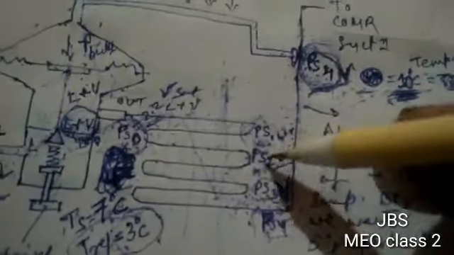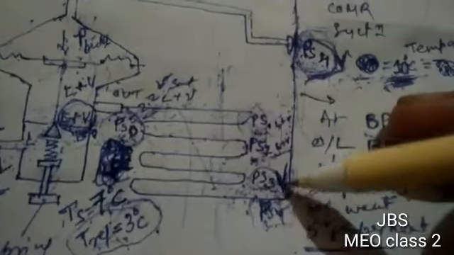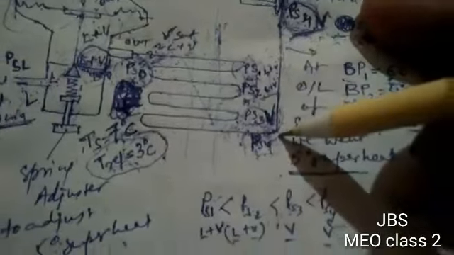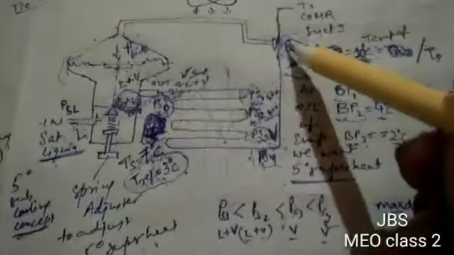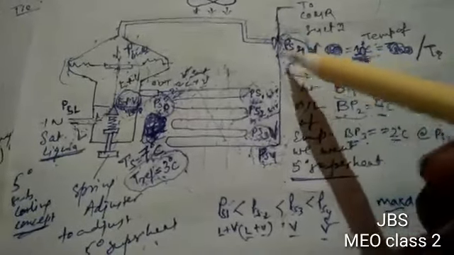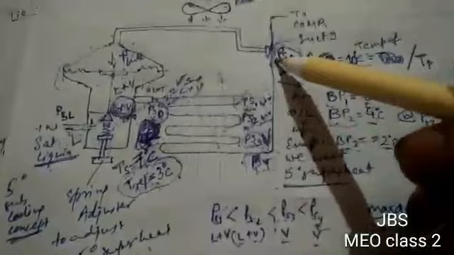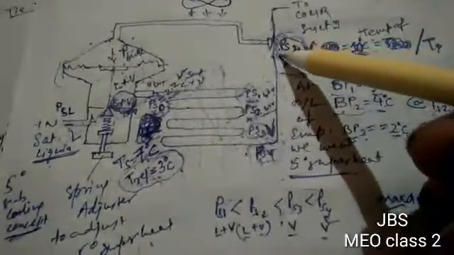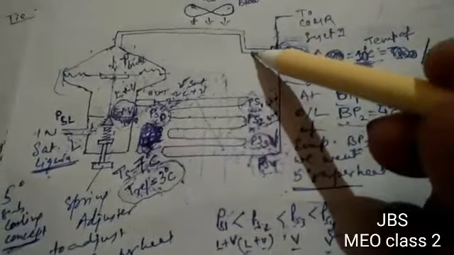That's why we say that as the saturation pressure drops, the saturation temperature drops, which means the boiling point drops, and when the boiling point drops, it will take more and more heat from the air, and it will itself become superheated. Now if this superheat is too high, then the refrigerant inside this bulb will expand and exert more pressure above the diaphragm.